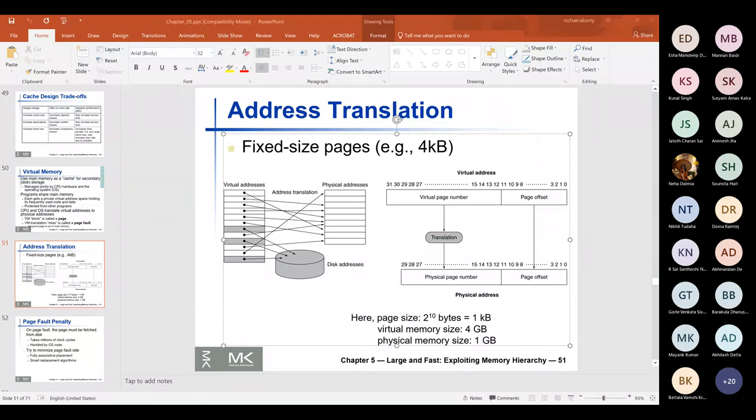In cache memory, a miss is a cache miss, and a cache miss takes about a few hundreds of clock cycles to handle. On the other hand, a page fault is where the necessary page is not there in the main memory.